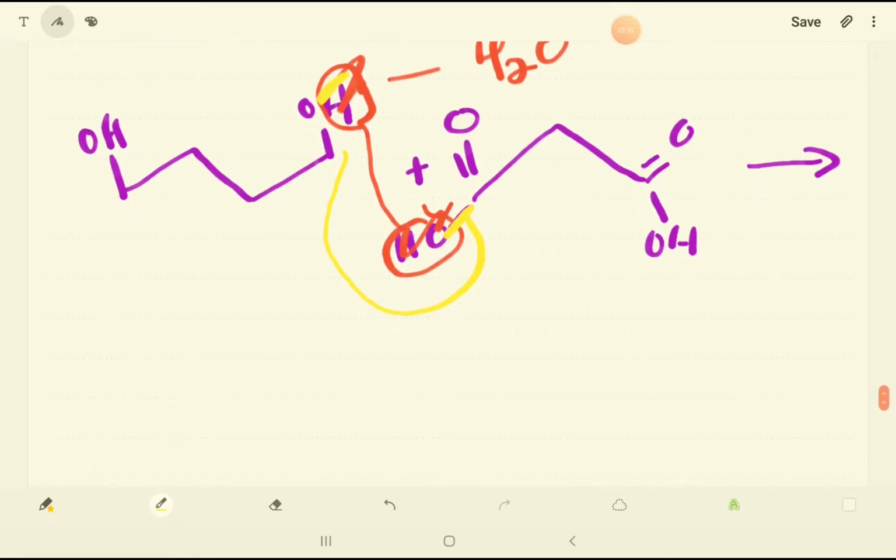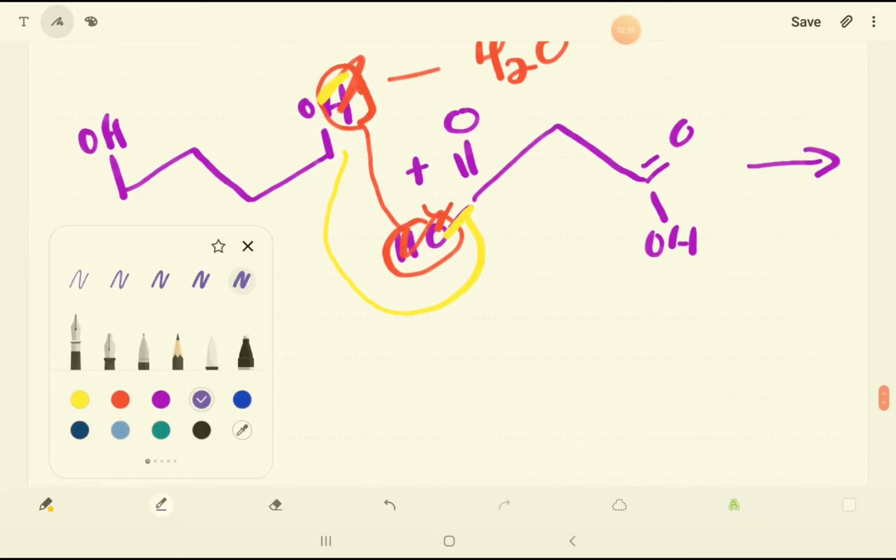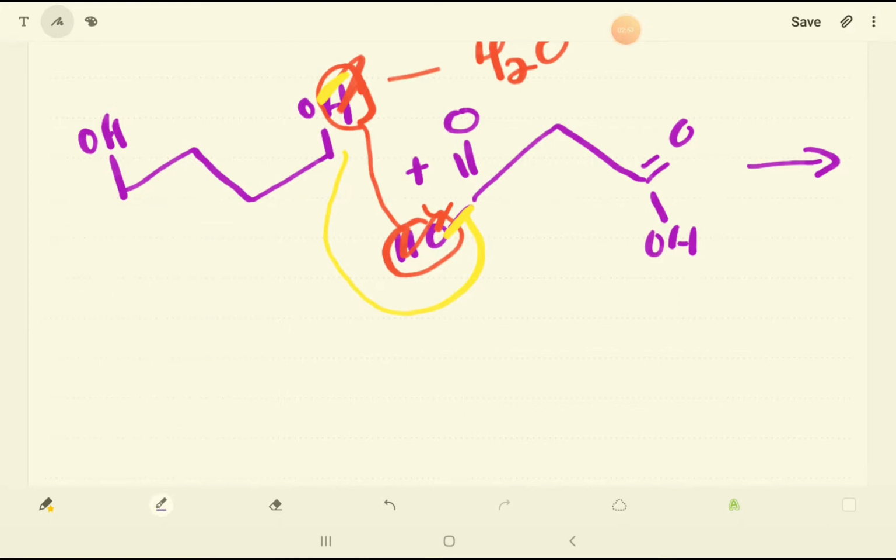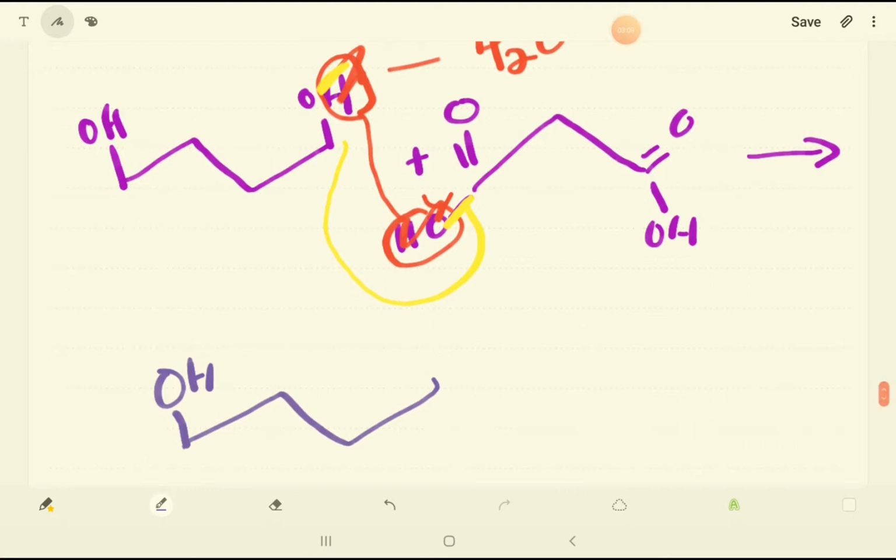So when we draw this compound over here, it's going to look a little different. You'll have your alcohol still in place because only one reaction occurred at a time. We'd have your oxygen over here, and it would be bonded to the carbon that has a double bond to it from here.